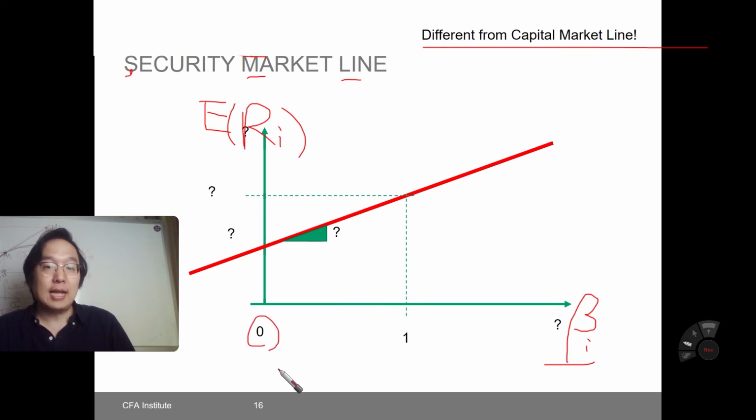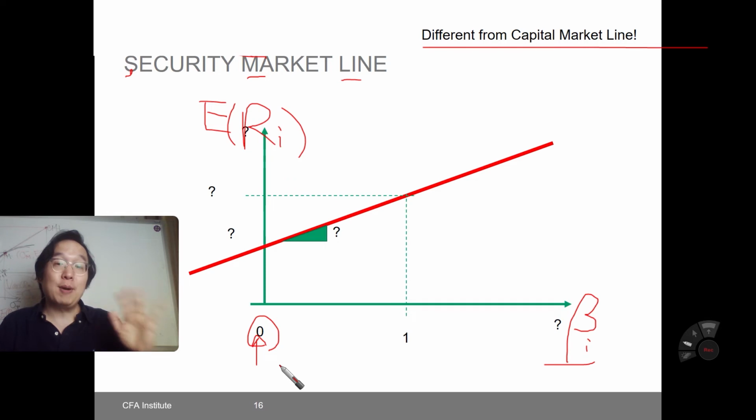And here, when it is risk-free, by definition, U.S. Treasury or AAA bond, this kind of guaranteed security, their beta should be 0. So that should be plotted somewhere over here, and this one has to be R_F.